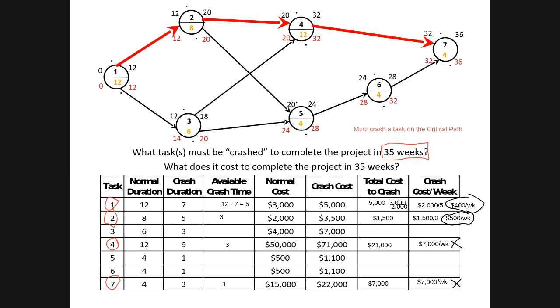And so indeed, we're going to choose to crash activity 1 by 1 week to get to 35 weeks.